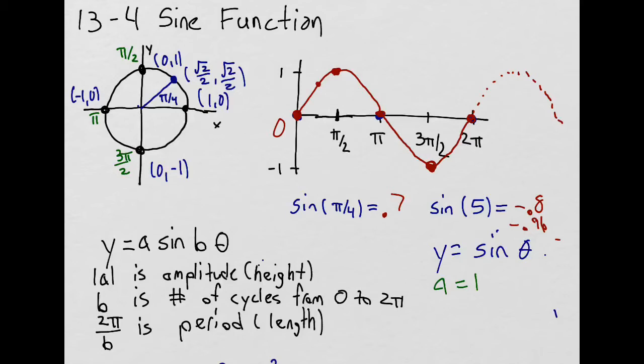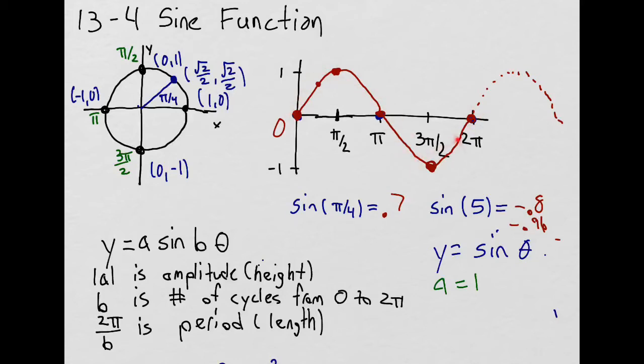Okay? b is the number of cycles between 0 and 2 pi. Okay? What is a cycle? A cycle is one complete graph. And I drew one cycle for you here in red. So if I start at 0, go up, go down, go negative, go back up again, I completed one complete pattern of the sine function.